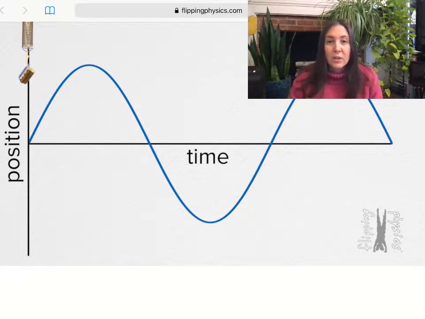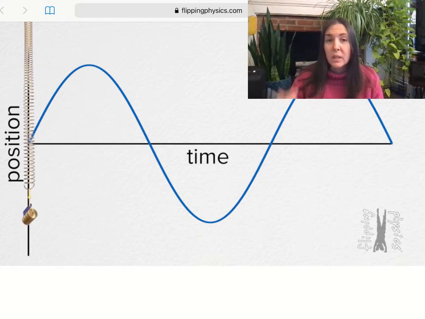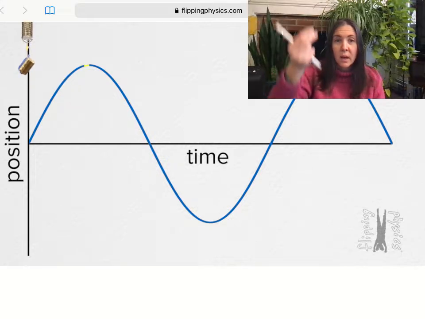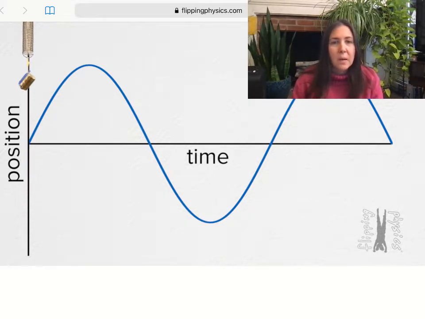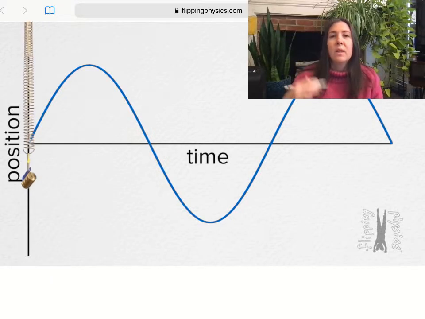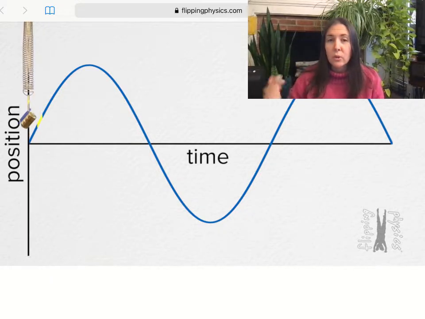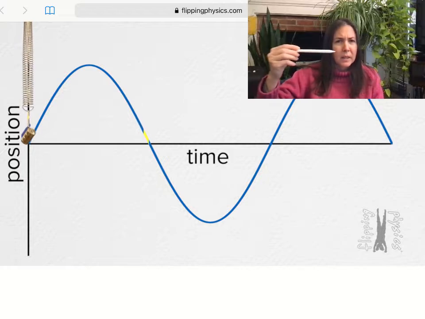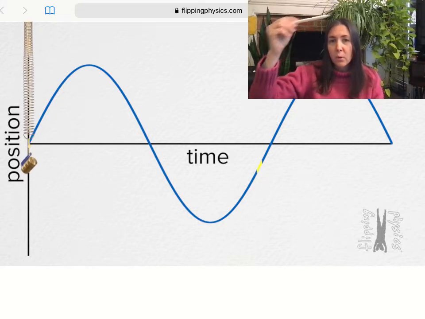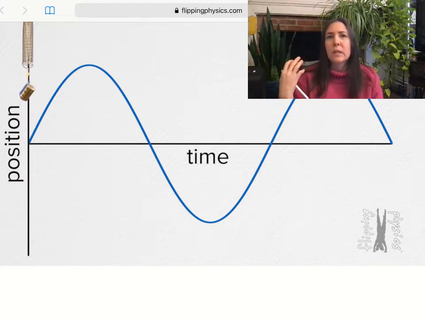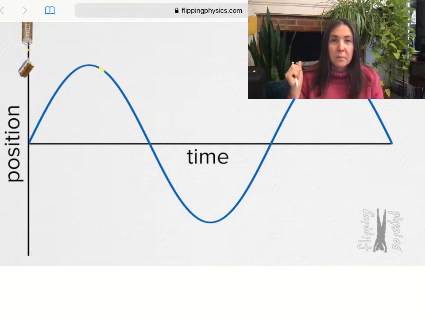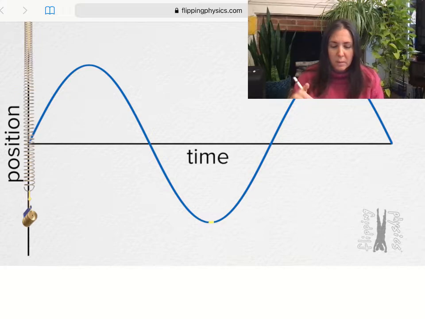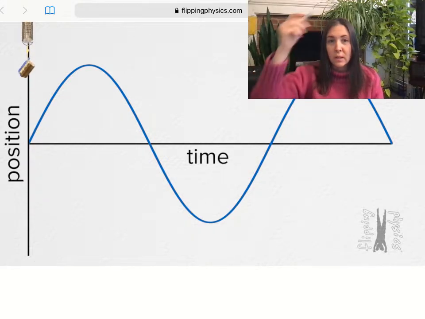So I could ask you to find the period of this oscillating mass, up and down, up and down. The period is just the time required for this to make one complete cycle. So instead of picking it at the middle, you'd want to pick at the top or the bottom. You can get out your timer and press go when the mass is at the top of its motion.